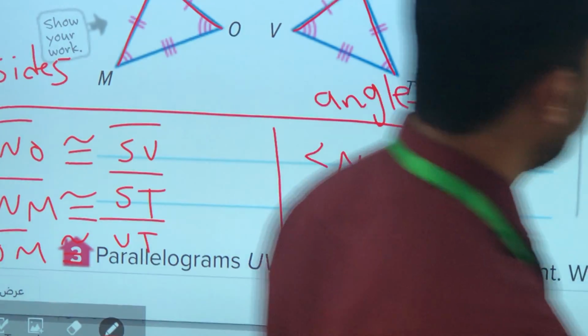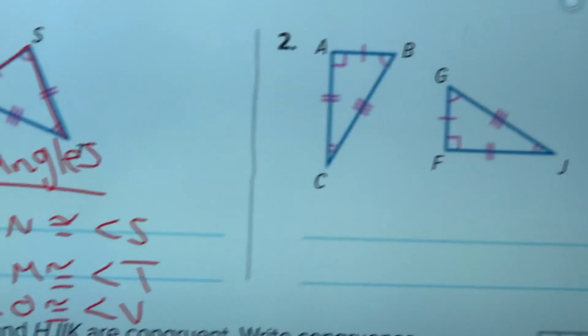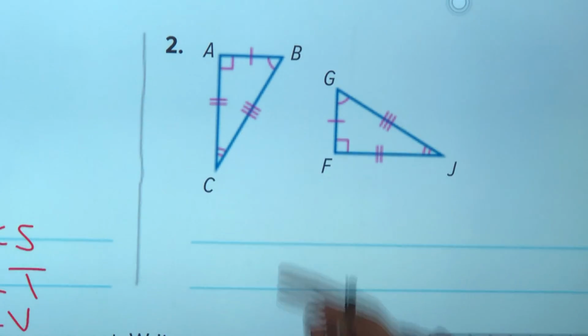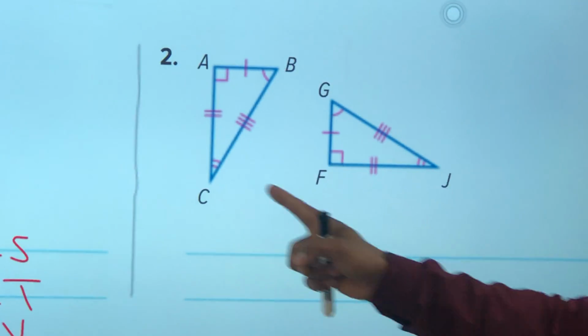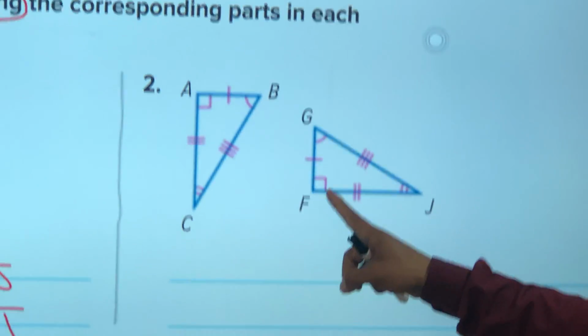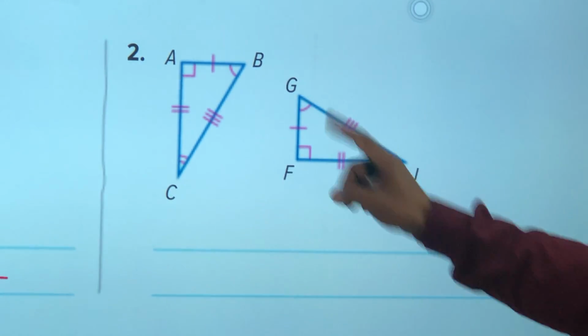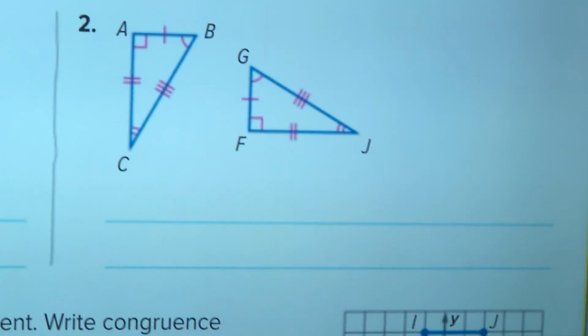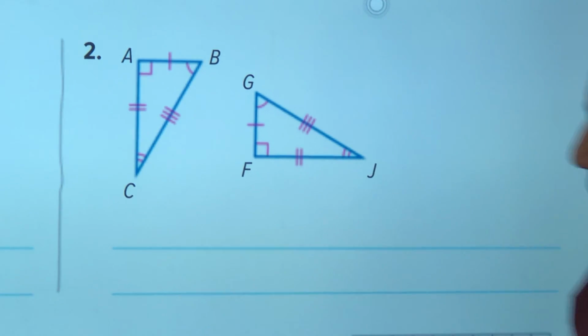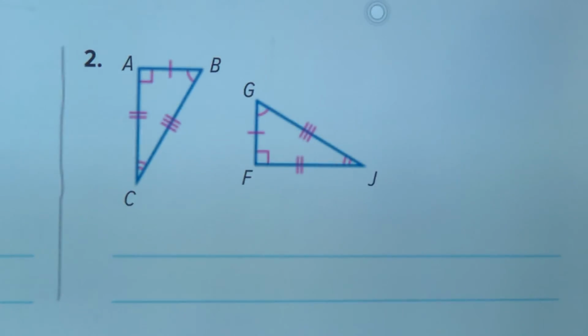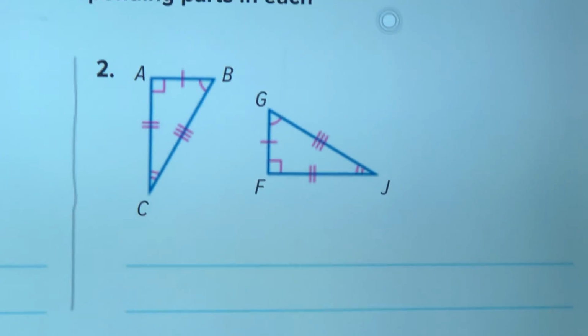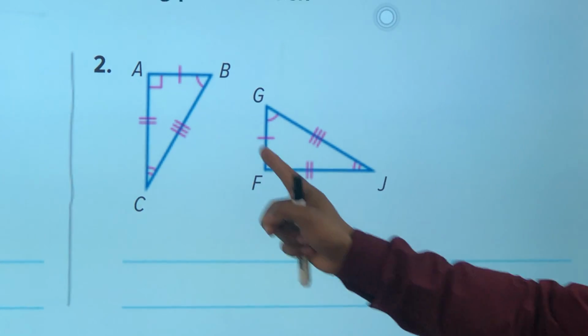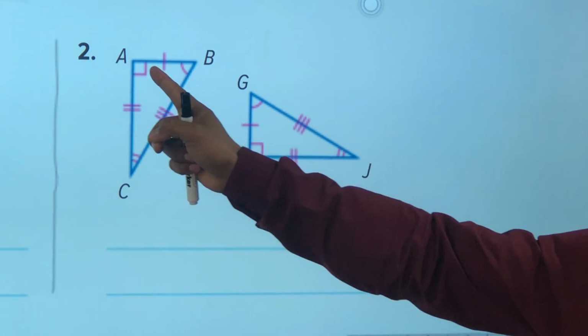Good. Example number 2. We have two right triangles, as you can see, A, B, C, and F, J, G. It's very important to follow the directions. If you start from A, start from F, the right angle.